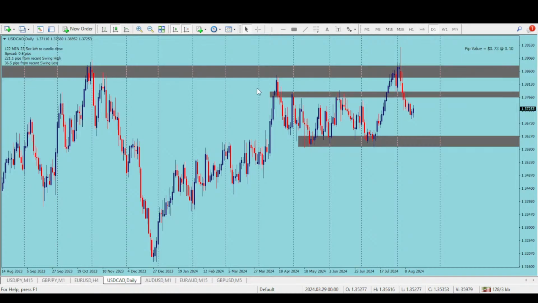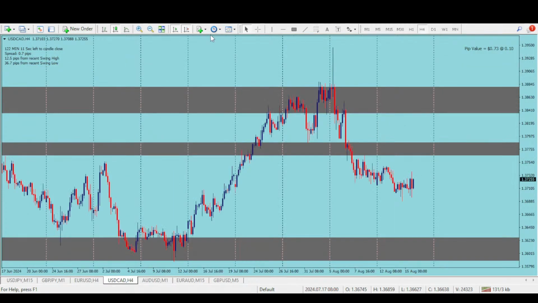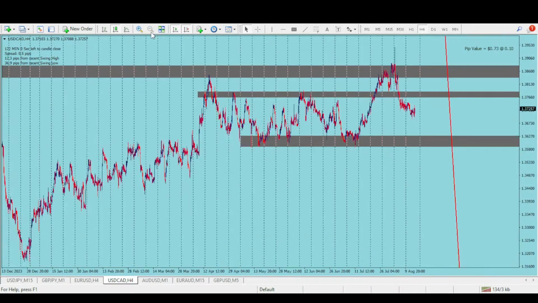Okay. So here I'm using USD CAD. So let's go to 4 hours. These are 4 hours. So based on our 4 hours, let's still try to, okay, there's something I want to do here.